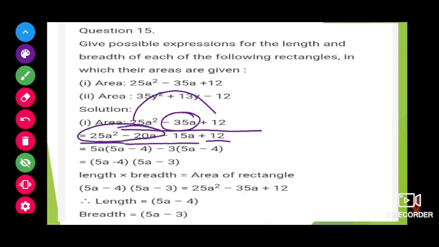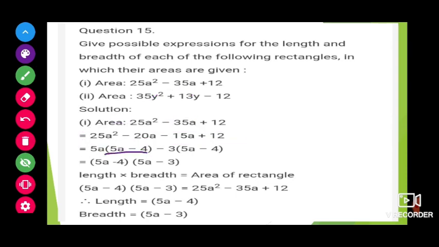Now from the first two, we can take out 5a, so the remaining is 5a minus 4. Here also we should get the same 5a minus 4. To get 5a minus 4, from minus 15a, 5a means minus 3 should be taken out. Same way, plus 12, if I take minus 3, the remaining will be minus 4.